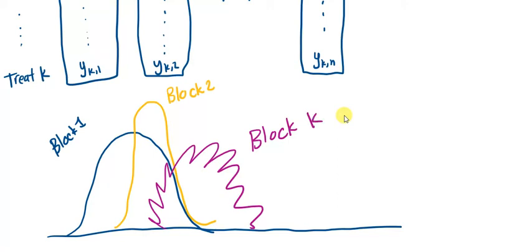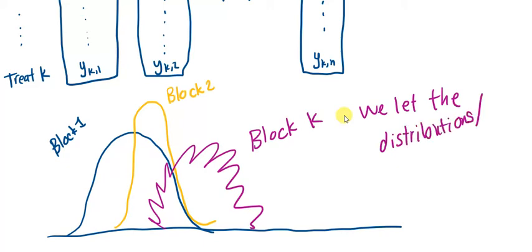So we let the distributions or shapes be different. They don't have to be, but now they can be.